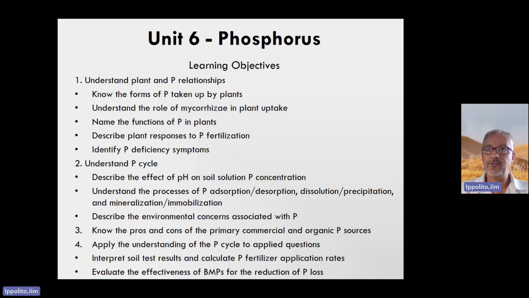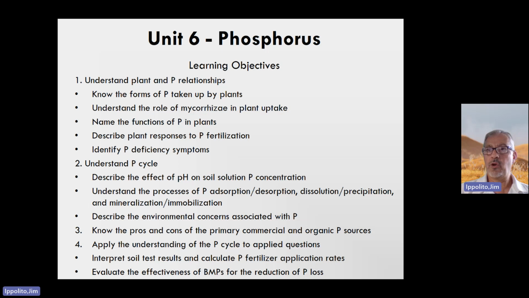Objective number 3 is to know the pros and cons of the primary commercial and organic P sources. And then objective number 4 is to apply the understanding of the phosphorus cycle to applied questions. Right, so if you're given a question, you should be able to answer it based on your knowledge of the phosphorus cycle.